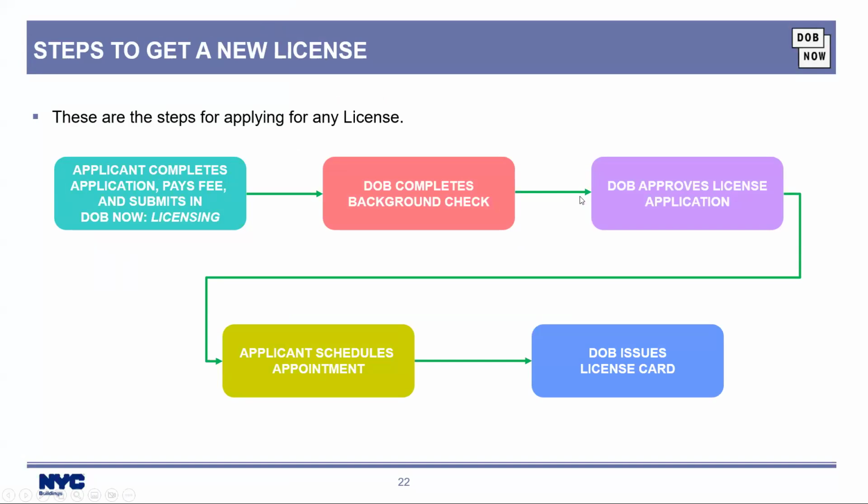And after the background check is done, assuming everything goes well, DOB will approve your license application. Once your license application is approved, you're going to need to go back into DOB Now licensing to schedule an appointment to come into the office and get your license card. The license card will be issued at that appointment, which you must do in person.